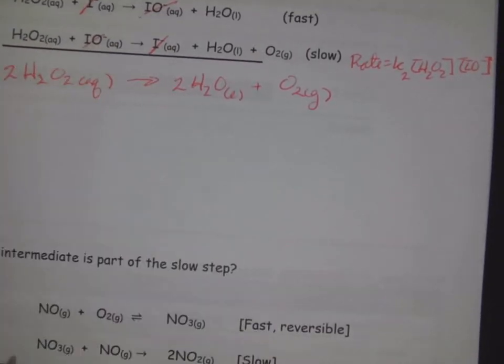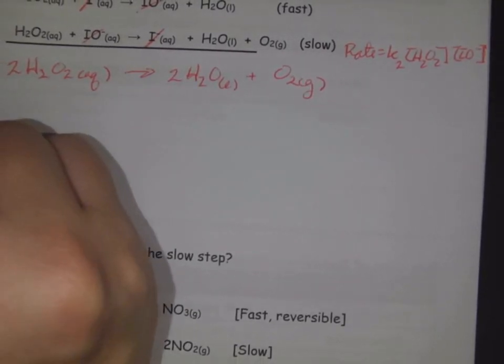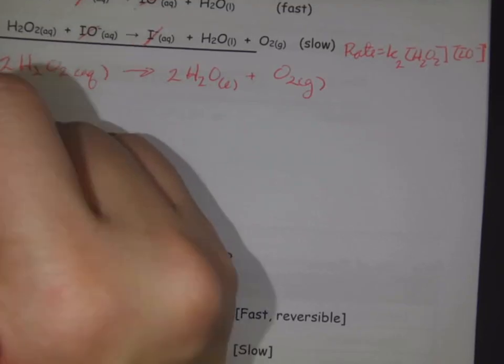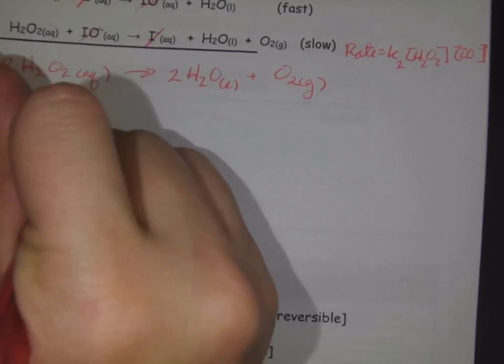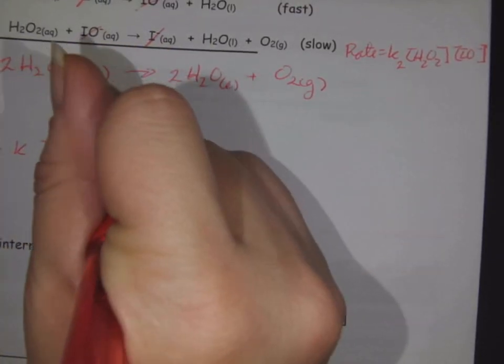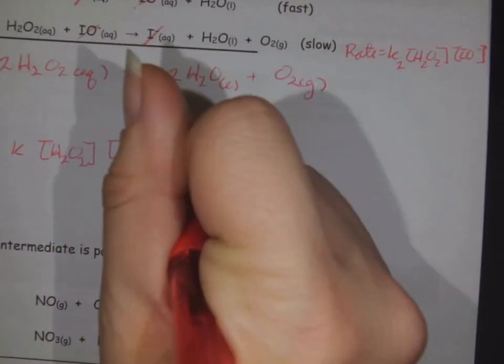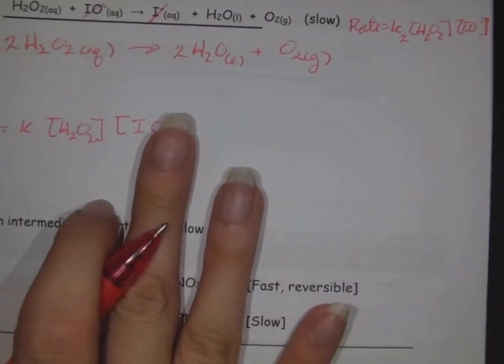But we've run into a problem, and the problem is that this rate law contains an intermediate. IO minus aqueous. Oh, not okay.